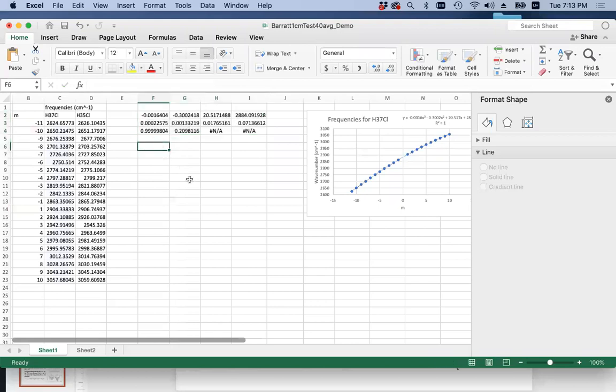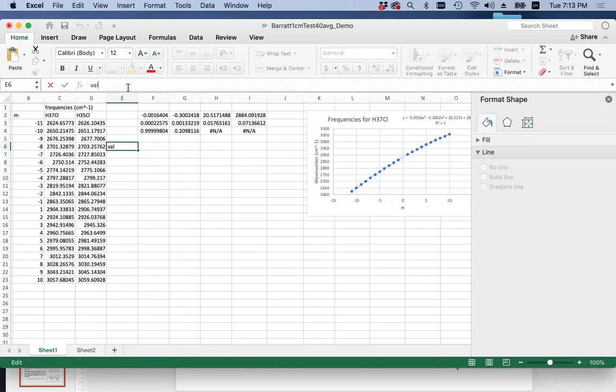Okay, so now I get my spectroscopic parameters. Maybe I want these in a form that's a little bit easier to read. So if I come down here, I can say, okay, the values of the parameters, maybe I'll go 1 column lower. The values of the parameters, this is going to be in units of wave number, right?